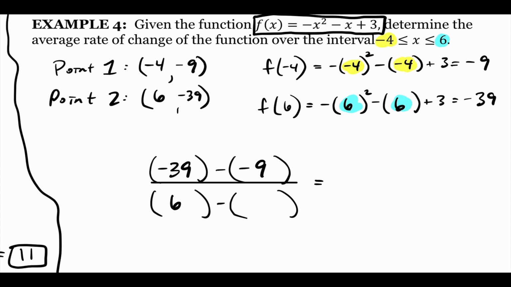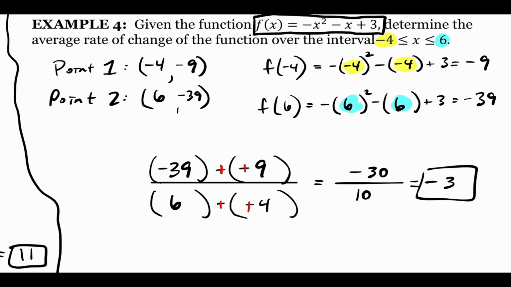Minus x1, point 1's x is negative 4. So negative minus a negative, I have to change those. I get negative 30 over 10, which makes negative 3.